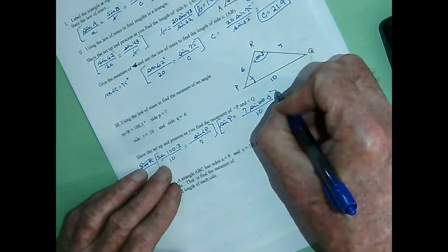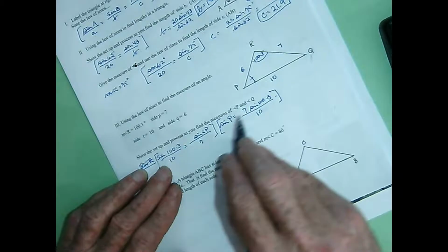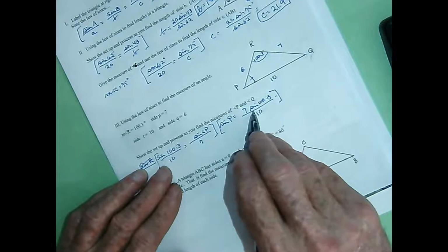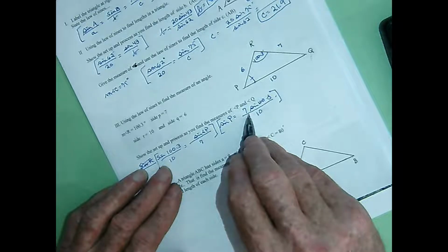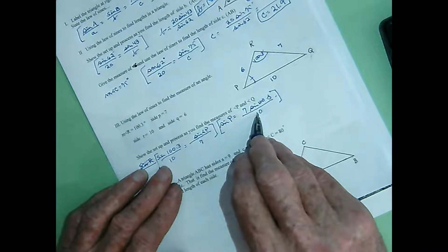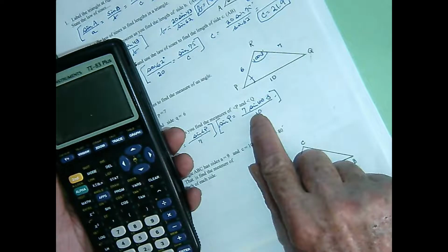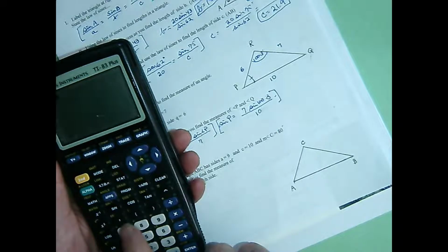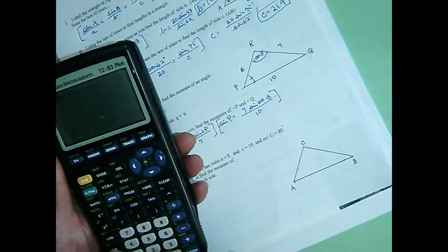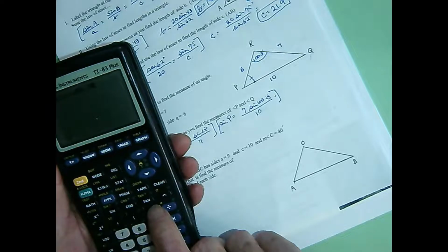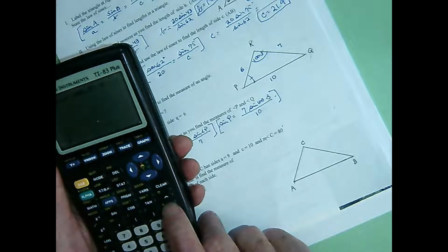And then what do I got to do with this? I do seek the measure of angle P. I'm going to have to get a decimal for this number, and then since that is the sine of angle P, I will have to arc sine this amount. Let's see what that looks like with the calculator. I'm going to clear all the junk, and I'm going to figure out what is 7 times the sine of 100.3. Close those parentheses there. Divide that by 10.